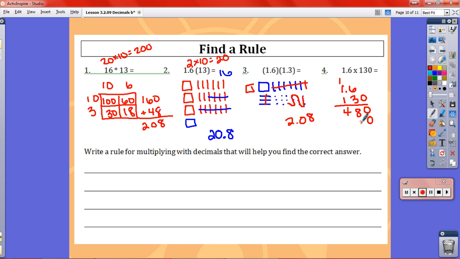Moving in again. 6, 1, 8, 10. My estimate for this would be about 2 times 100, so about 200. So 208 makes sense.